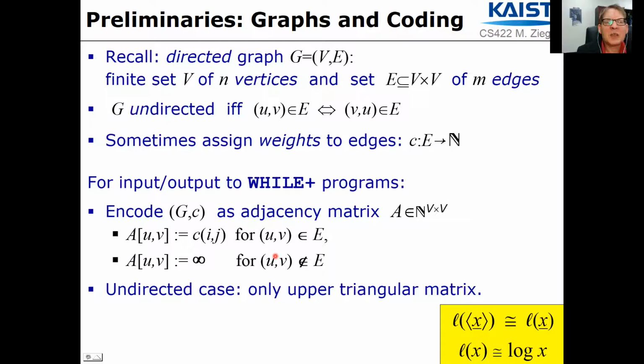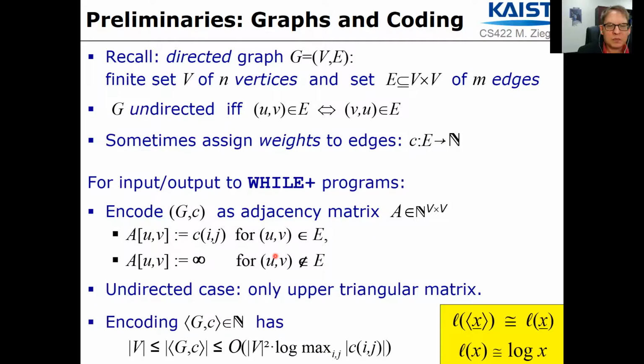And in this case, we only need to store the symmetric part, and we will not bother with the redundancy of the other half of the adjacency matrix.